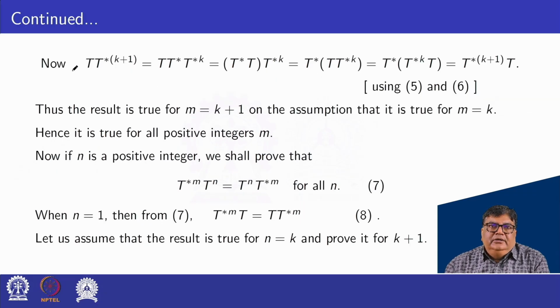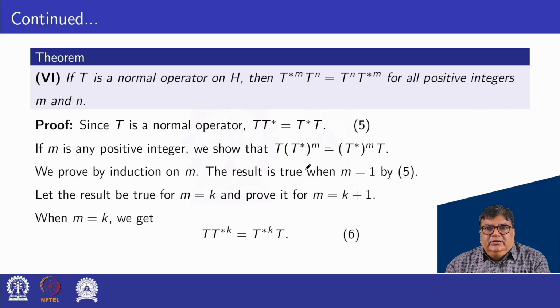Now T into the (k+1)-th power of T* equals, this can be written as T into T* into the k-th power of T*. This and this can be written as T*T, because T is a normal operator, into the k-th power of T*. So this into this, T*^k, we can write.